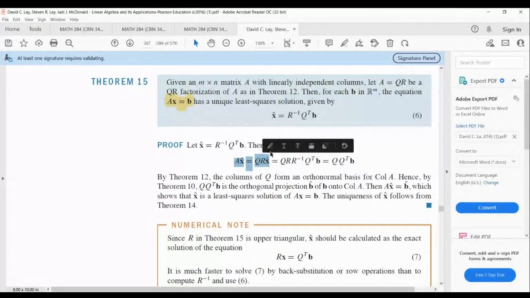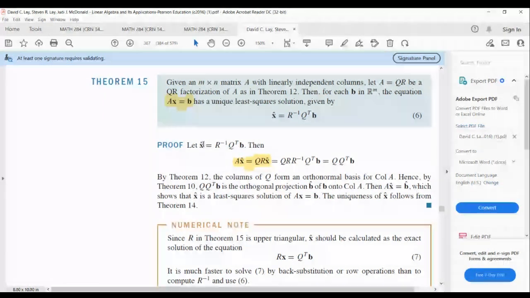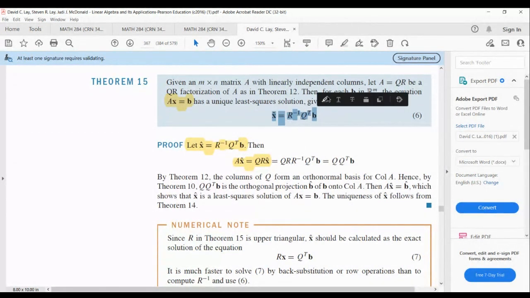A equals Q times R, that's the QR factorization. So A X hat equals QR times X hat. Now, what if X hat were equal to R inverse times Q transpose times B? That's what they're suggesting up here in theorem 15. What if that's the case? Well, then we replace X hat with R inverse times Q transpose times B, and we get this expression.